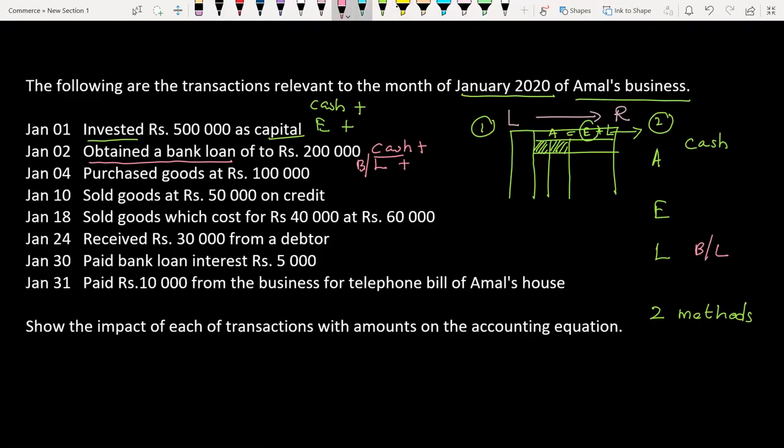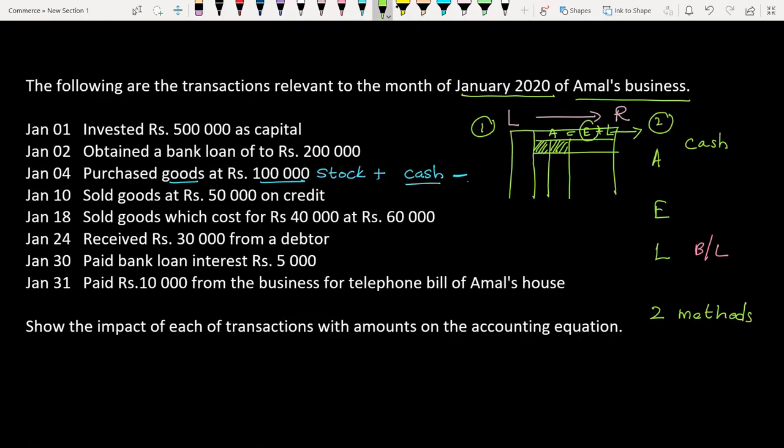Now let's go through the third transaction. Purchase goods at this much. So here what happens is the asset called stock increases and the asset called cash decreases. Now we already have a column for cash and we need to identify stock as another asset column.